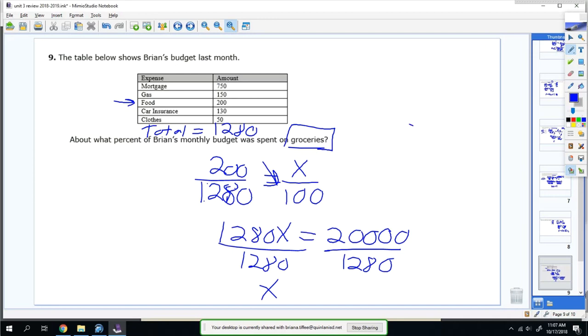There you go. So now you're just going to divide 2,000 by 128. And you get 15.625%. So it'd be about 16% of the budget is going towards food.